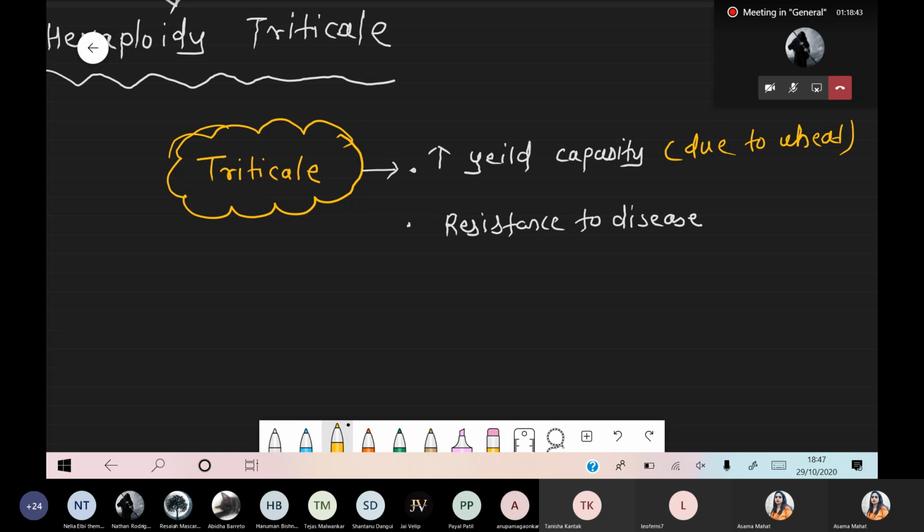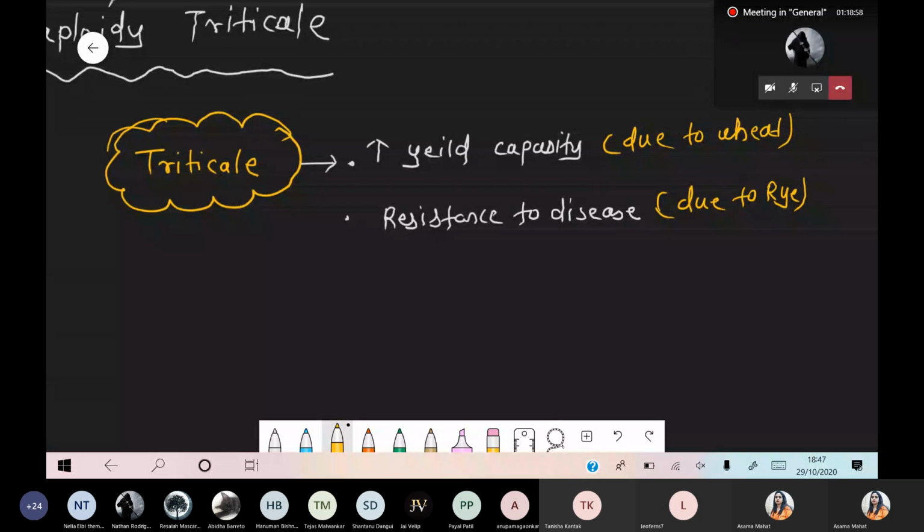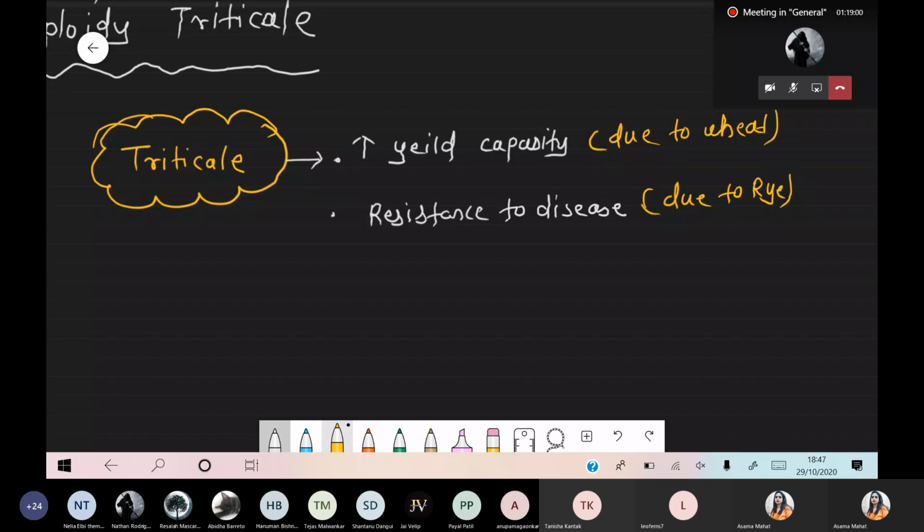And why are these resistant to disease? Due to rye. Because inside the rye, specific properties are present, and due to that property, the hybrid plant which gets formed, that is octa as well as hexaploidy, they show the resistance activity.